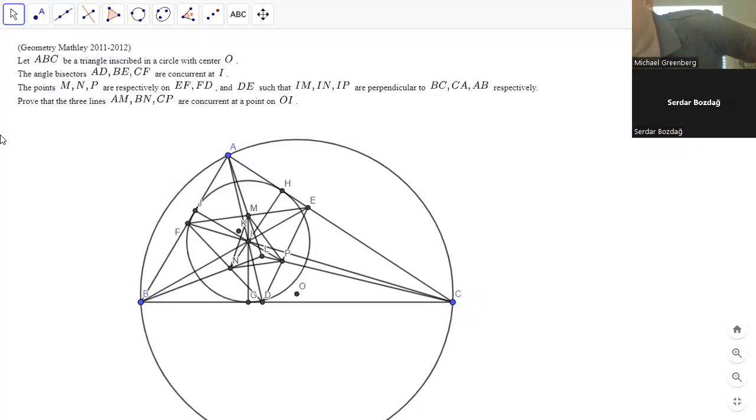All right. The only way I know to show something lies on OI is by some kind of homothety. I don't know any other easier way.